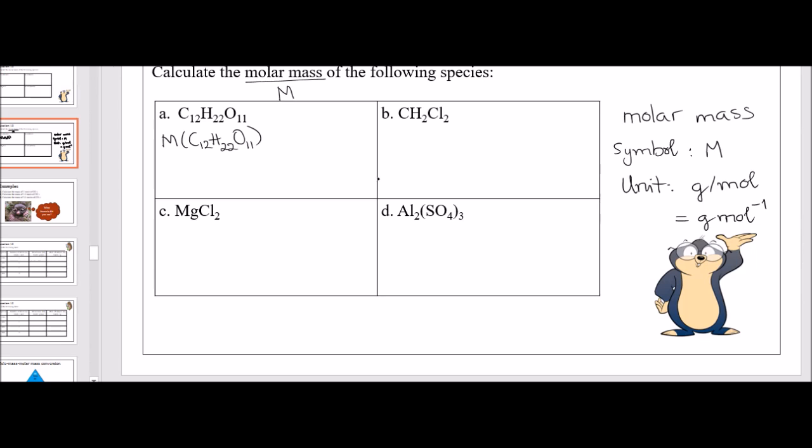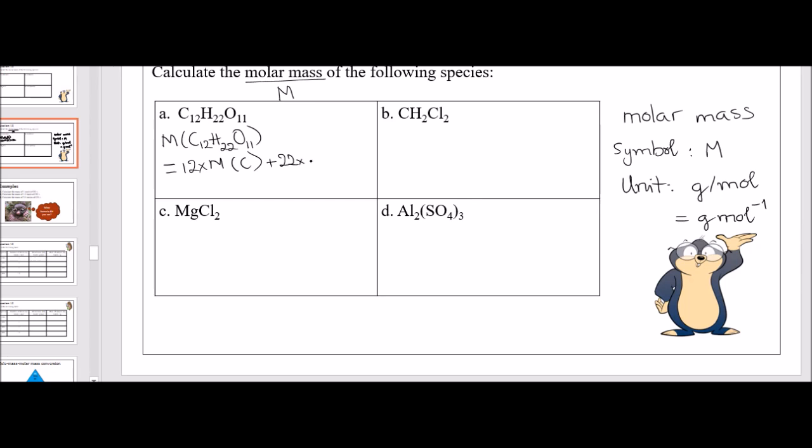And the second very good habit would be to have units at the end. If you remember when we talked about relative atomic masses before, relative masses do not have units because they are relative. And molar masses have units because this is actually the mass of 1 mole measured in grams.